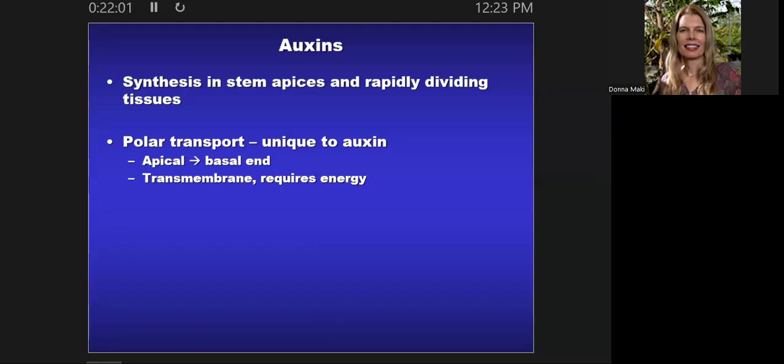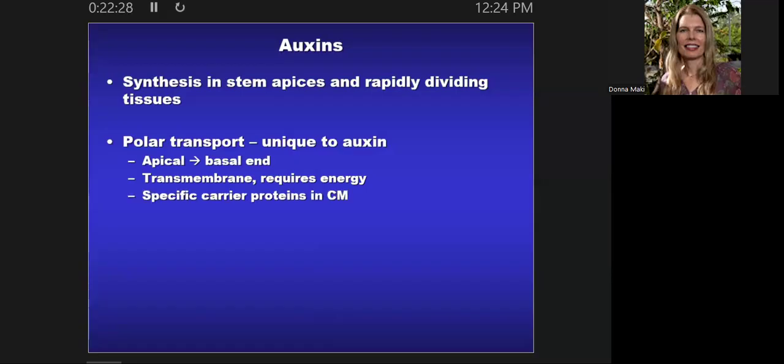And so if it's doing polar transport, I'll show you a picture of this, but they say it's a transmembrane route of getting the hormone from cell to cell to cell on down the stem tissue, which is weird. It requires energy, which is also weird. Okay, so this is a little bit more effort for the plant, which raises some interesting questions.